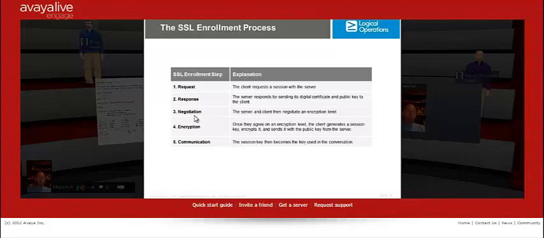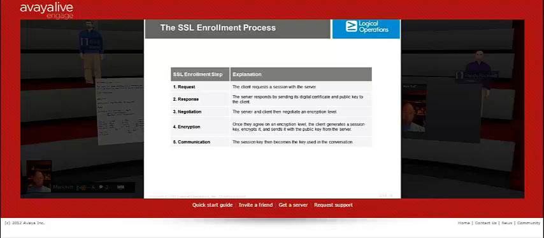Step 1, client requests a session with the server. That'd be the HTTPS server, and generally that takes the form of you, the client, pressing a button that says go to checkout, if you're buying something. Basically, that's the request. The web server responds by sending you his certificate that he obtained from a third-party provider that you trust.